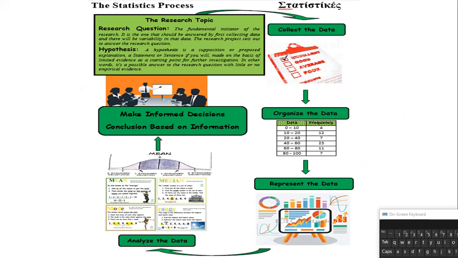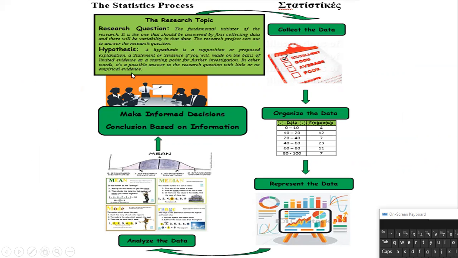So you have a research topic, and then you ask a research question, and then you have a hypothesis, which is a supposition or proposed explanation, a statement or sentence, if you will, made on the basis of limited evidence as a starting point for further investigation. In other words, it is a possible answer to the research question with little or no empirical evidence.